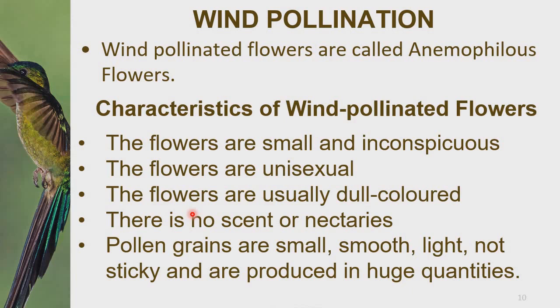Apart from that, the stigma is always elongated and sticky with a large surface area, so that it can receive the pollen grains too. The flower structure of wind pollinated flowers is simple, usually with one or more floral parts absent. These are the characteristics of wind pollinated flowers.